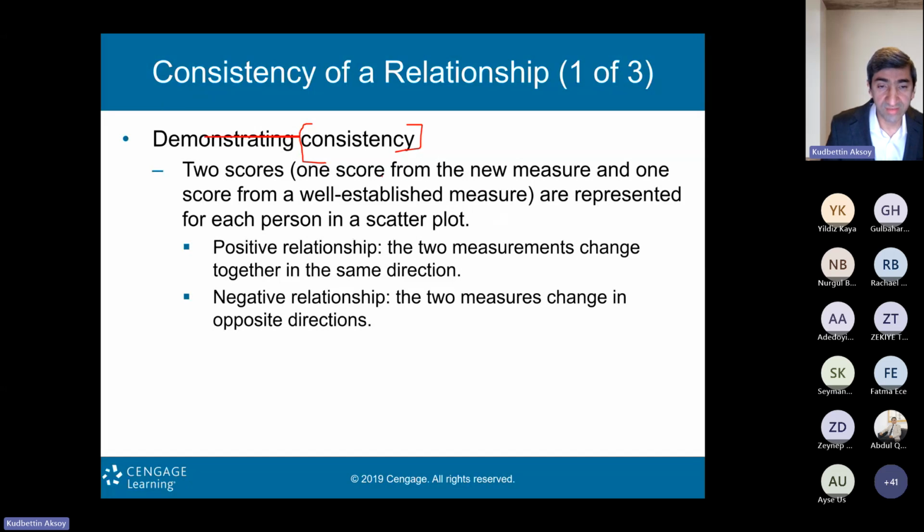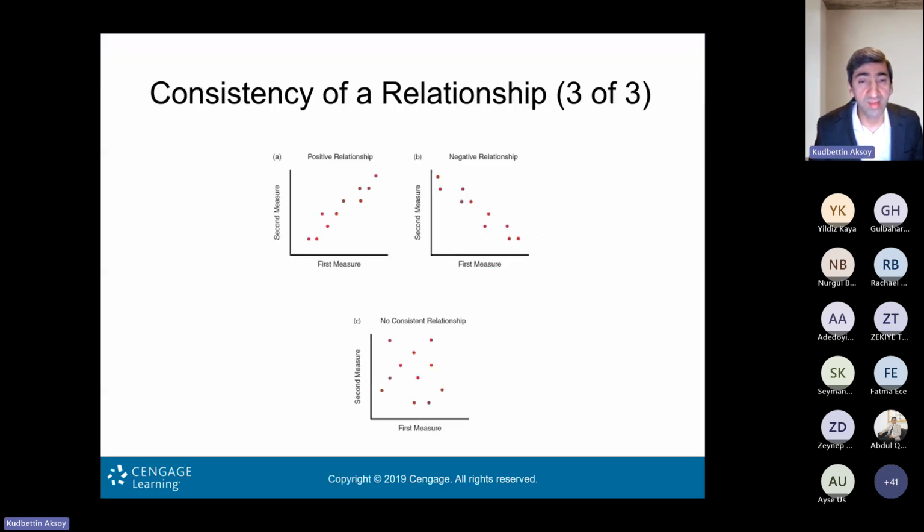So there is positive and there is negative. Positive is when one of them goes up, the other one also goes up. When one of them goes down, the other goes down. Negative relationship is when one measure goes up, the other one goes down. Visualize this. We have two measures.